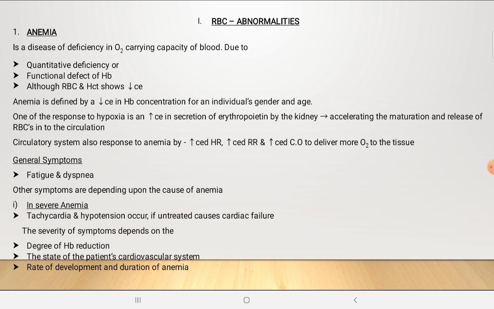Other symptoms depend upon the cause of the anemia. In severely anemic patients, the symptoms will be tachycardia, hypotension, and, if untreated, cardiac failure. The severity of symptoms depends on the degree of hemoglobin reduction, the state of the patient's cardiovascular system, and the rate of development and duration of the anemia.